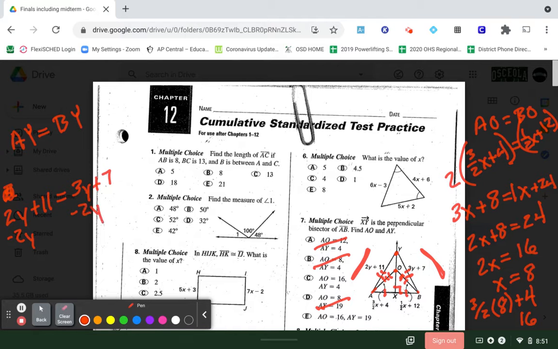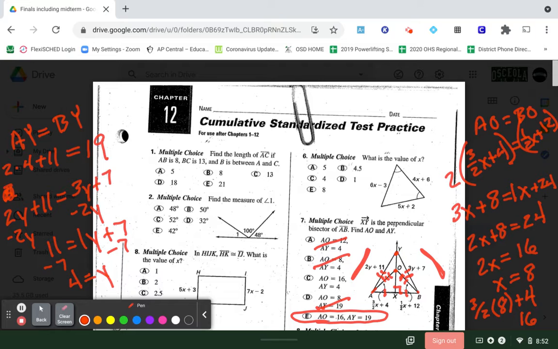So that's 11 equals y plus 7. 1y plus 7, subtract 7. And then we're going to get down to 4 equals y. So now AY is 2 times 4 plus 11. So that gives me a total of 19. So let's see, out of those two, AO is 16, AY is 19. So I guess that's E.